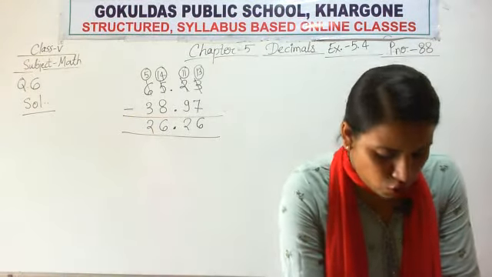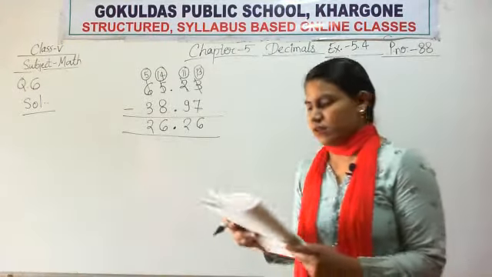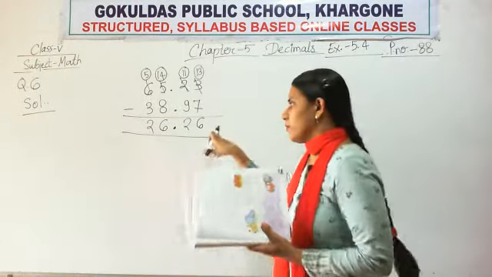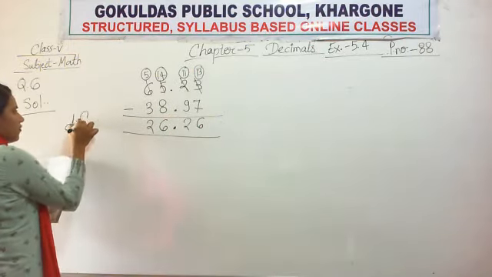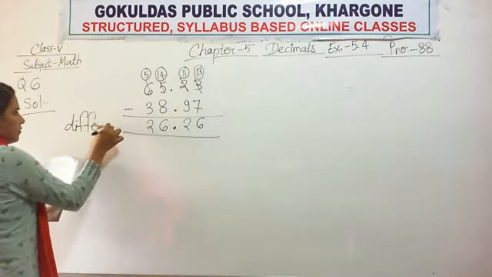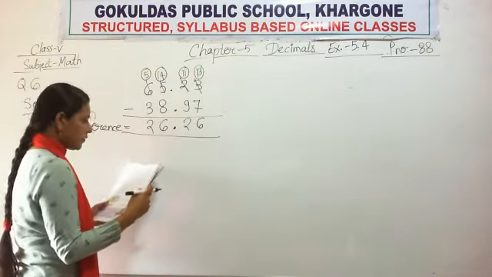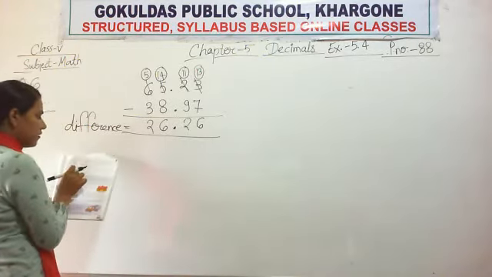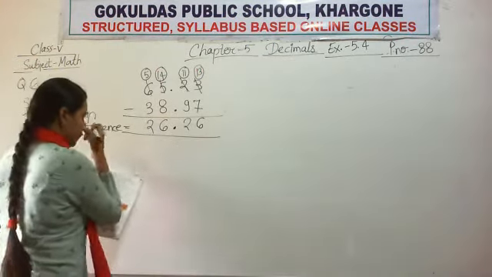Add the difference of two numbers to 321.49, right? So it is our difference. We found the difference. The difference is 26.26.